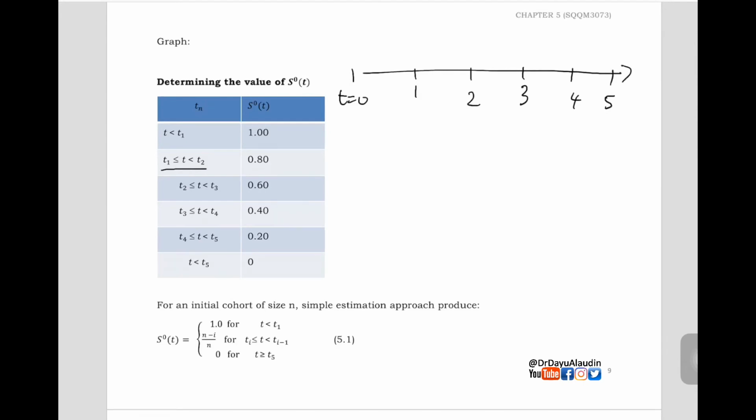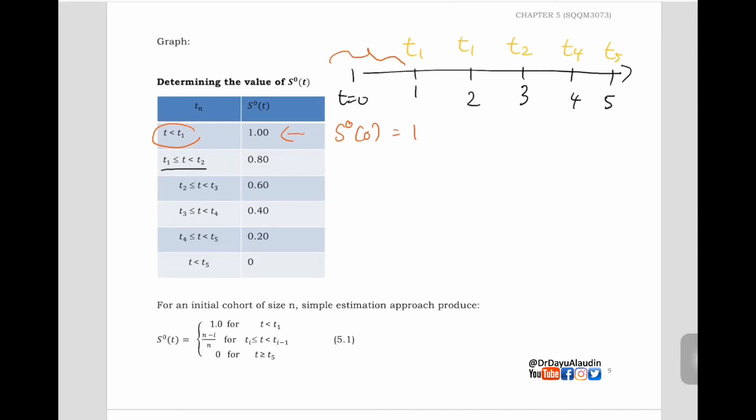And then the first death happened at 1, 2, 3, and 5. Before 1, no death happened. So the survival is 1 because all still survive.